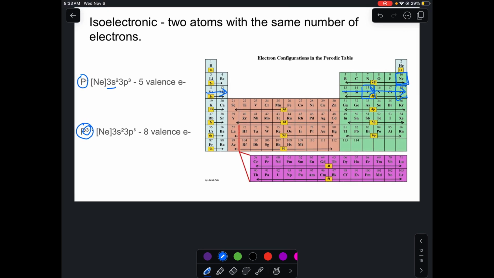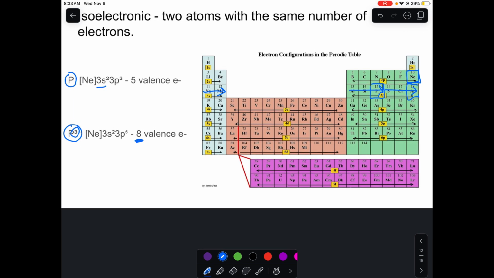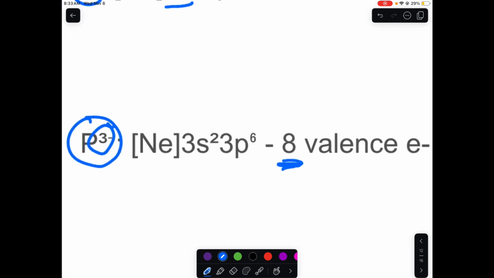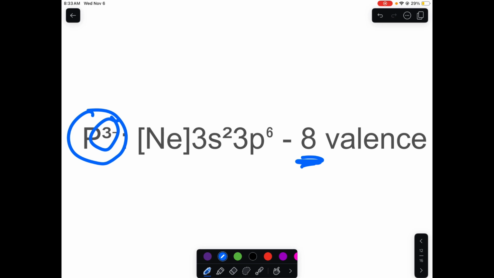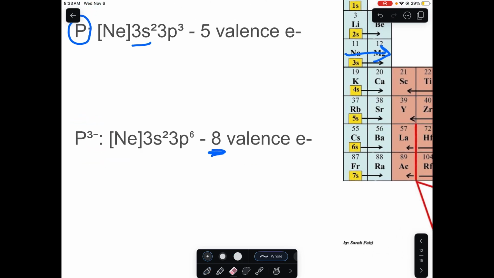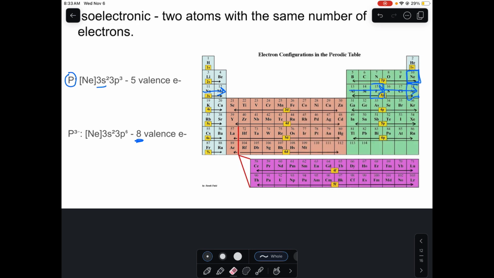Okay? And now we have 8 valence electrons. So phosphorus, by gaining 3 electrons, became more stable and now has a noble gas configuration of argon. This is why you find phosphorus in this -3 ion state more commonly, because atoms want to become stable. That's their nature. And they do that by gaining and losing electrons.